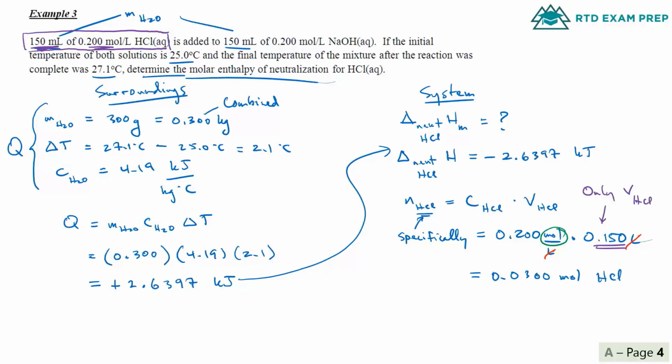And now that we have the moles of HCl, we can easily calculate the molar enthalpy of neutralization. It's going to equal that delta H over the moles.